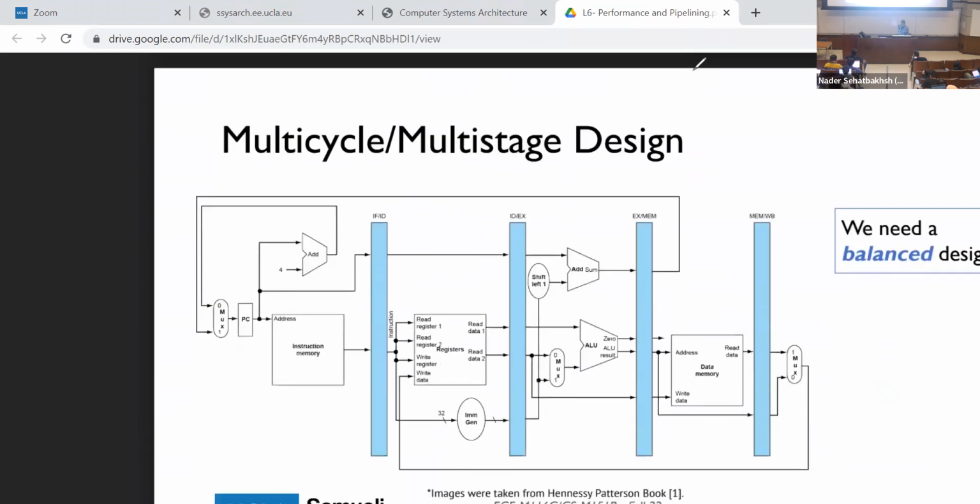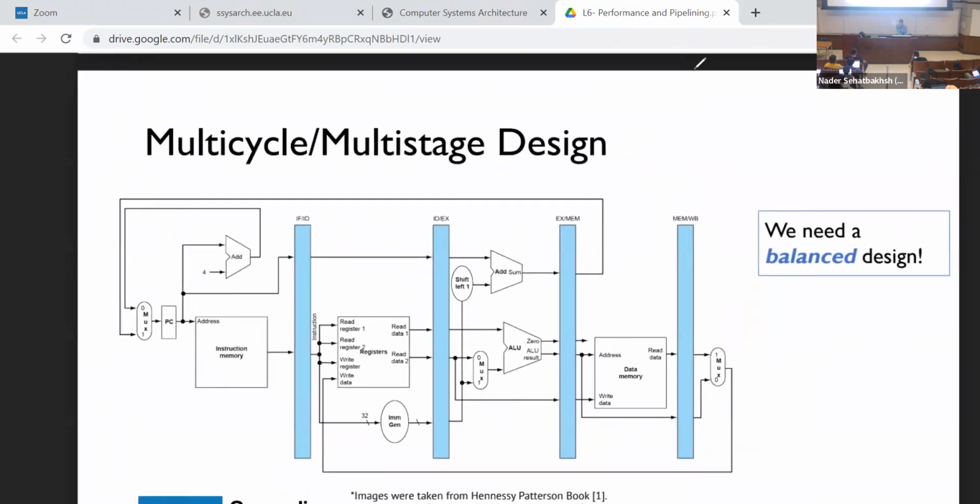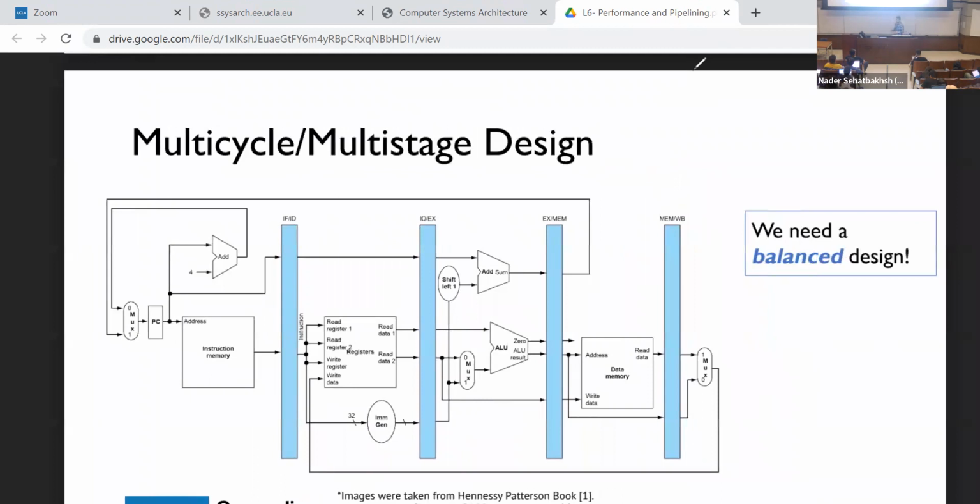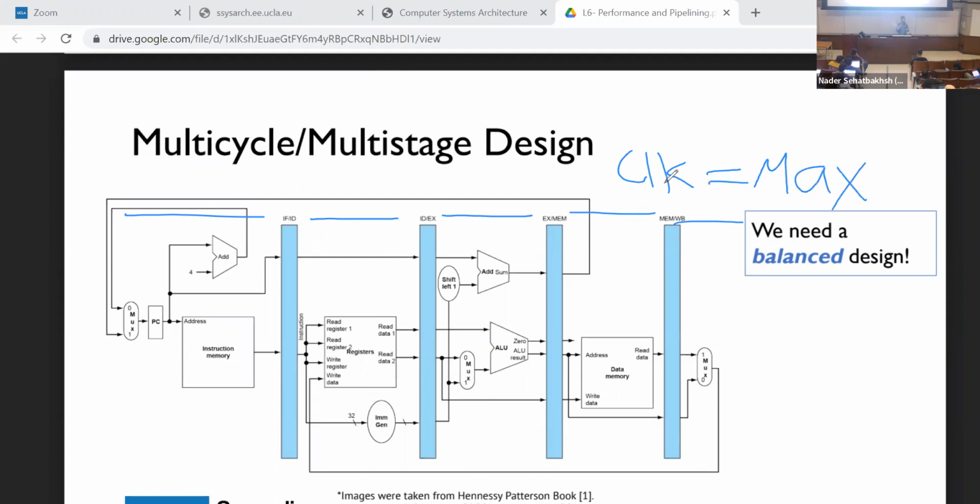The answer is that we need what's called a balanced design. Remember, there are 5 different delays, and your clock cycle would be the maximum of these 5. Whichever takes the longest would be your clock cycle.